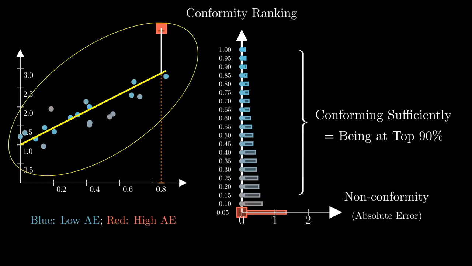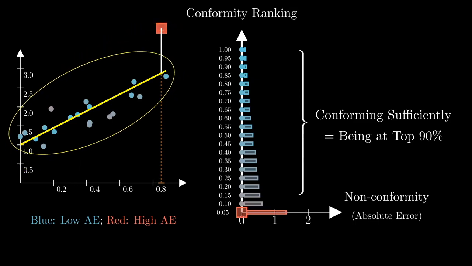How can we go away from this situation? The first idea that may come to mind is to exclude the square, the test point, from the bag, so that moving it does not influence the bag anymore. But this is not a good idea because it will result in the points inside the bag having lower absolute errors than the square, and thus unfairly increases the square's non-conformity, especially when the model is more complex than a simple line.